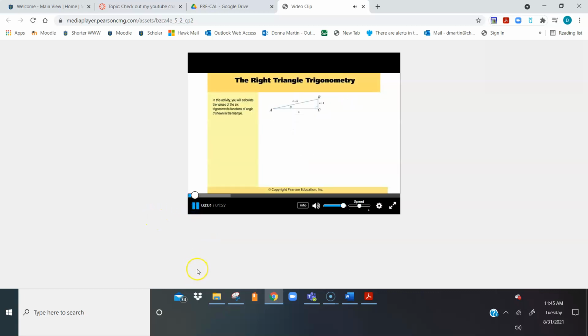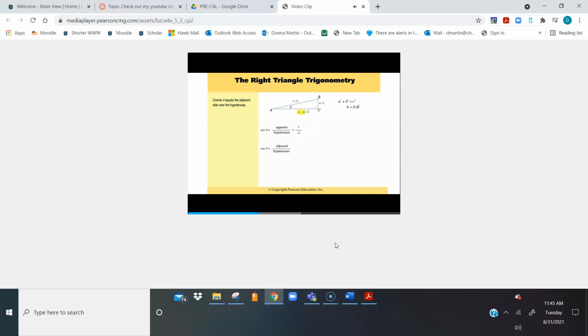In this activity, you will calculate the values of the 6 trigonometric functions of angle theta shown in the triangle. First, we need to calculate the value of b using the Pythagorean theorem. Substituting the values for c and a and simplifying produces the result. b equals 2 times the square root of 6. The value of sine theta equals the opposite side over the hypotenuse, which is 1/5.